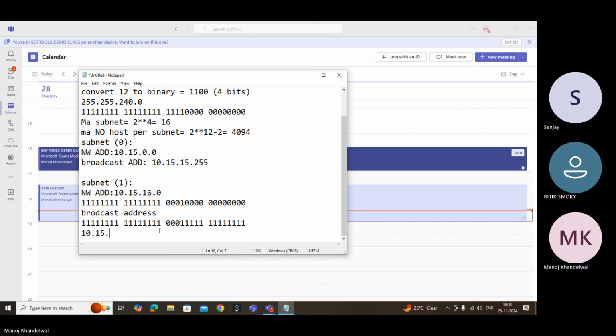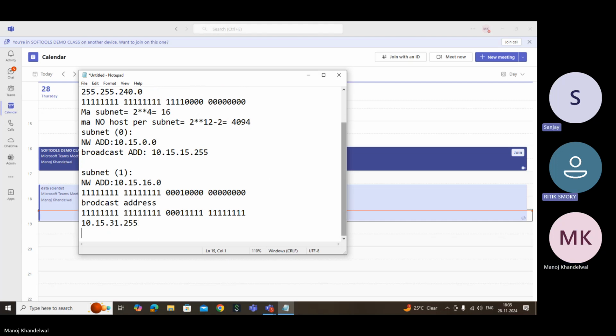It is 31.255. That will be the broadcast for the second subnet. Clear? Yes, correct. Now we will go to the third one, subnet 2.